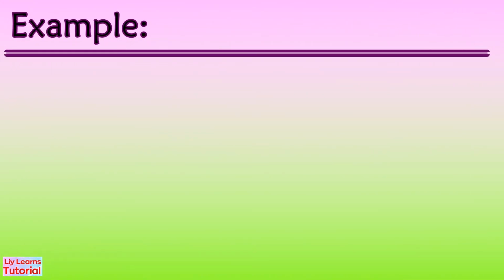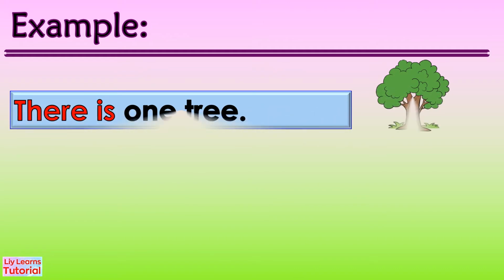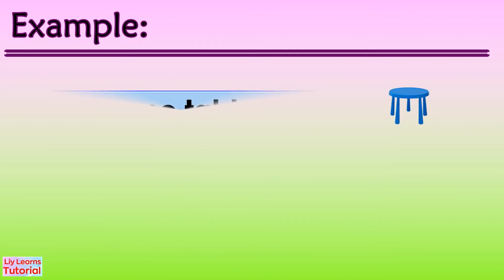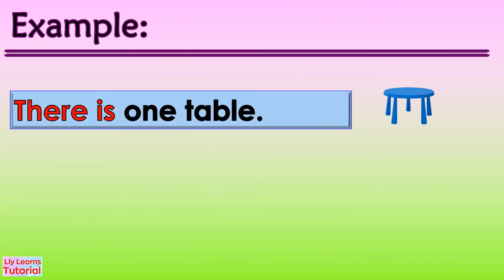For example, there is one tree. There are 2 trees. There is one table.